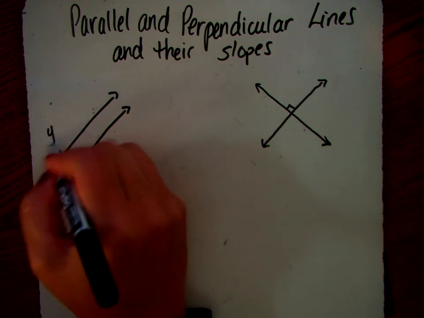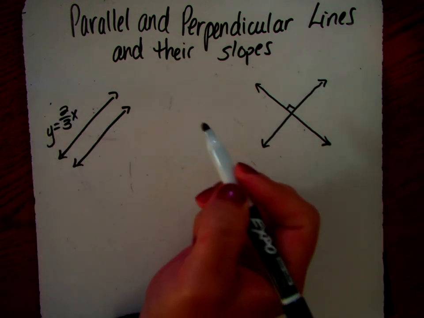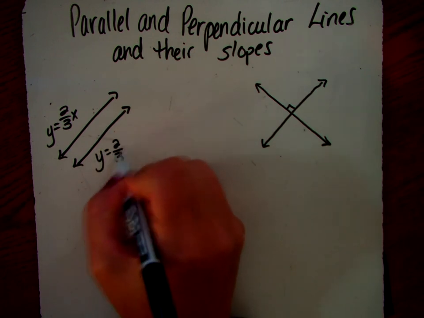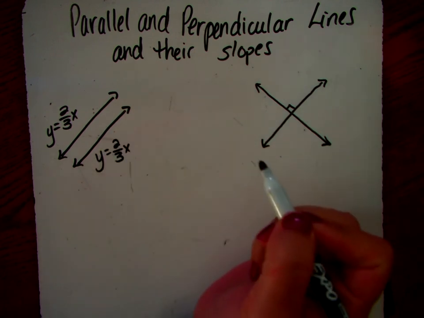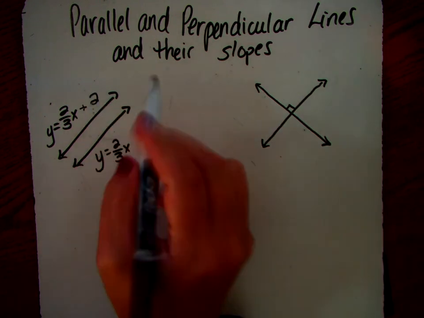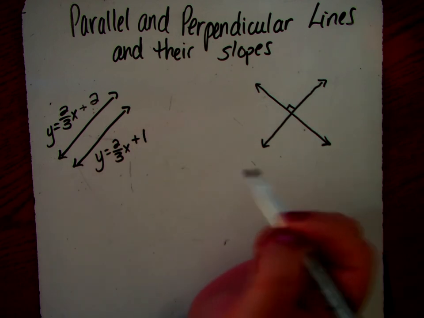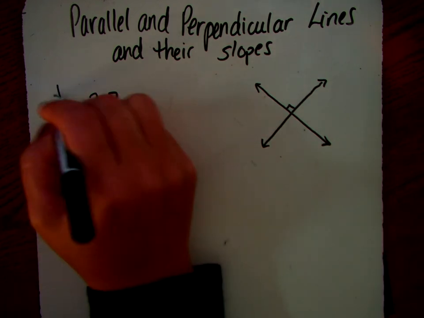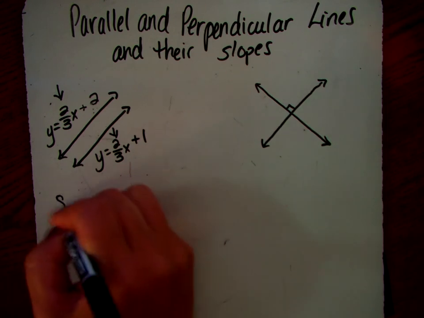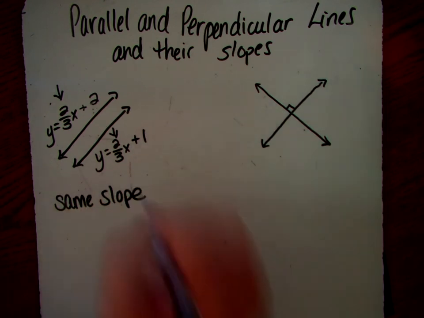So if this line has a slope of 2/3 x, this line I know has the same slope, okay? So they may have different y-intercepts, but the slopes are the same. 2/3 is the same as 2/3. So parallel lines always have the same slope, okay?